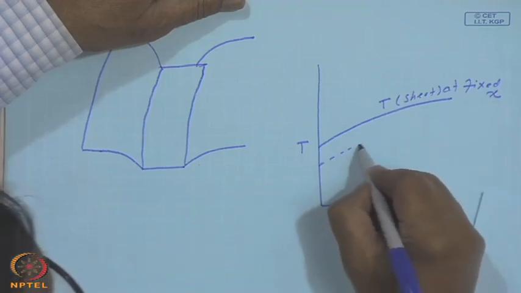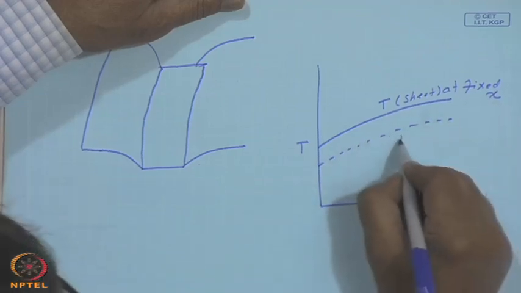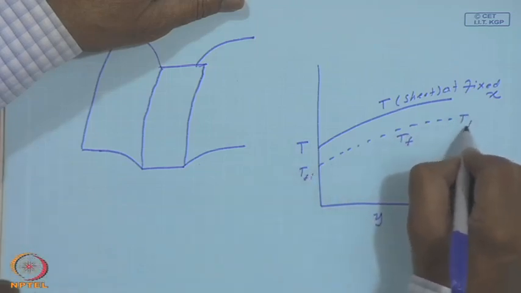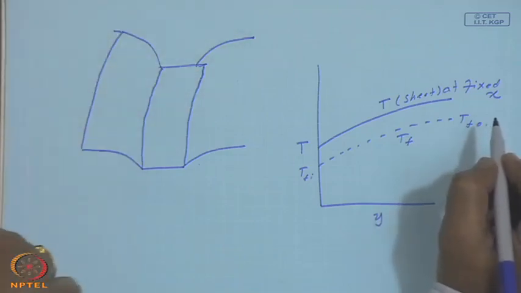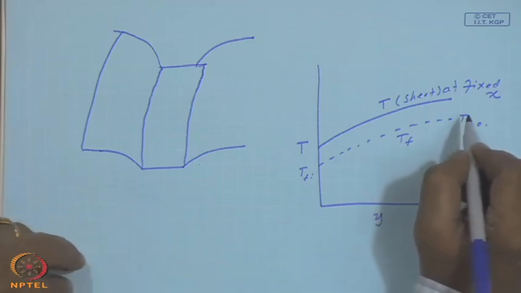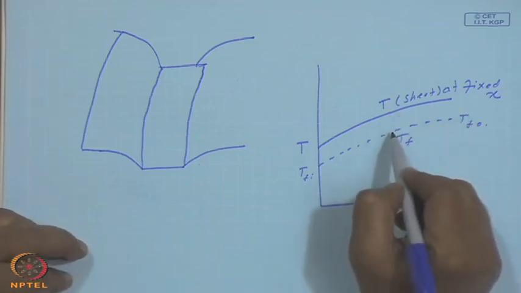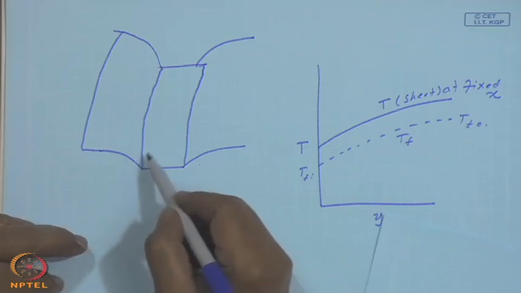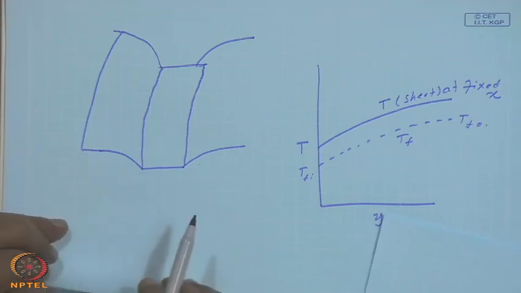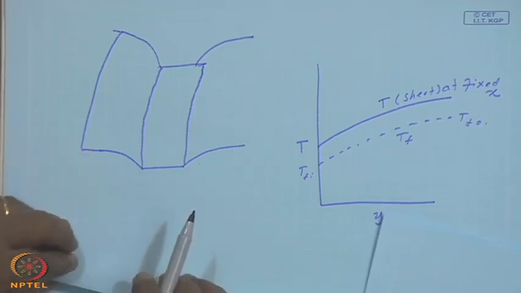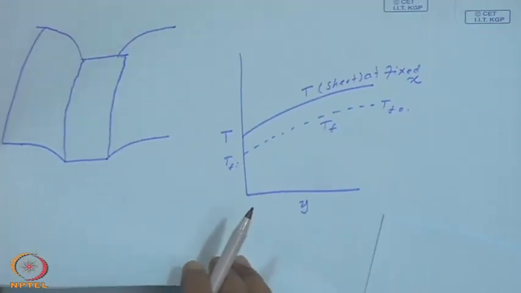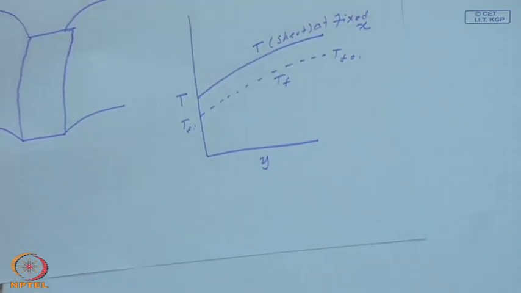Now, this may be T f, which will be entering at T f i and exiting at T f o. So, this is the temperature variation in the y direction at a fixed x, and whether it is high or low depends upon whether it is a fluid region in the tube or the fin region and where we are. And in the x direction, it is maximum at the mid plane of the sheet and uniform temperature across the tube, and again it increases, that element is reproduced.